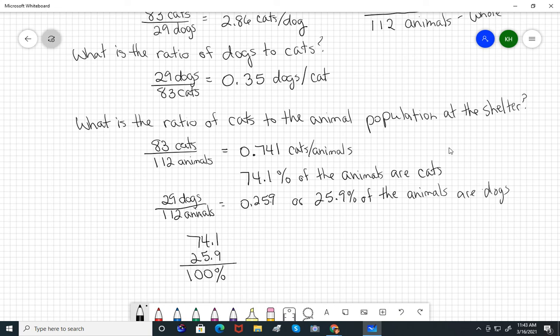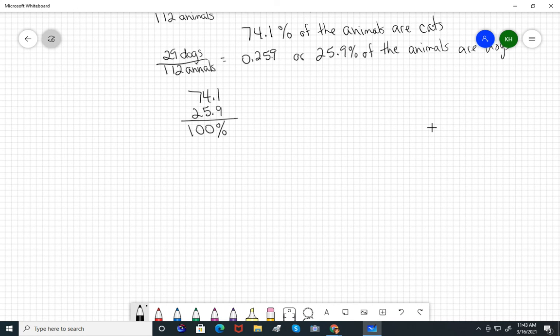Okay, I think let's do one other idea. Let's do a population density question, but instead of using square miles, let's suppose the shelter has 38 cages.